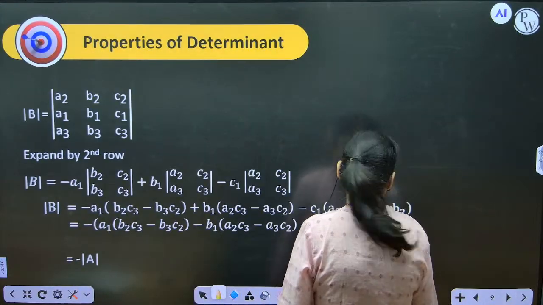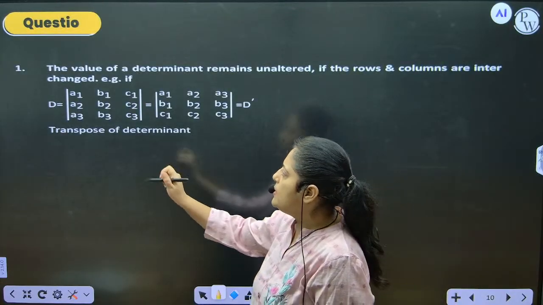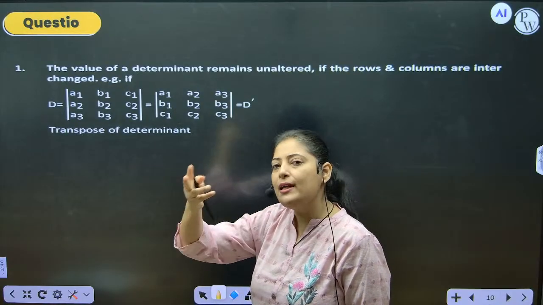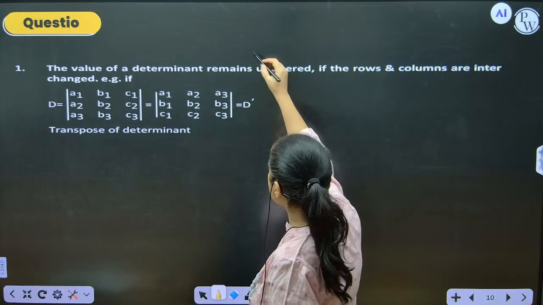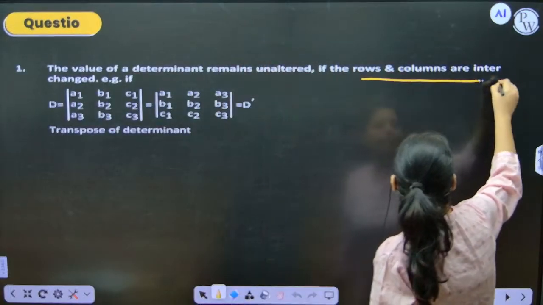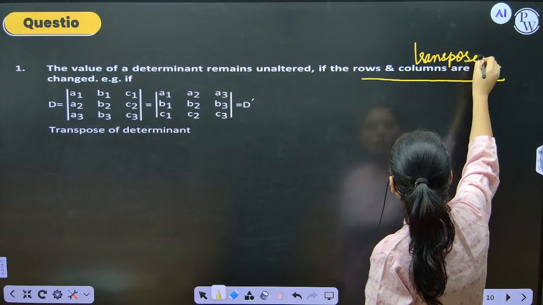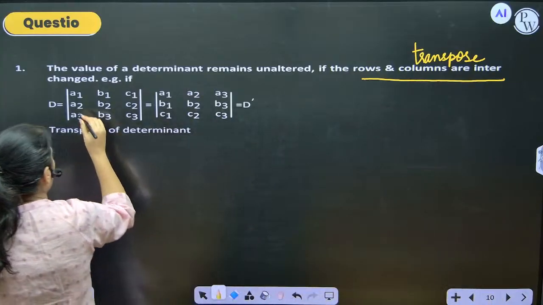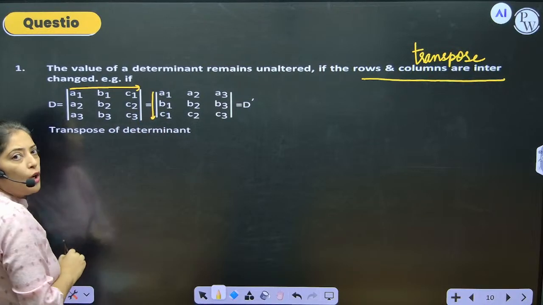Now, what is the difference between this one and this property? This property means I am interchanging rows and columns. That means I am taking the transpose. Suppose this is the first row. Now this has become the first column.